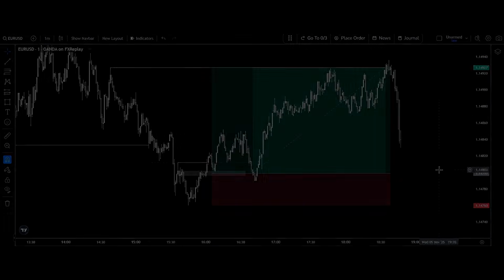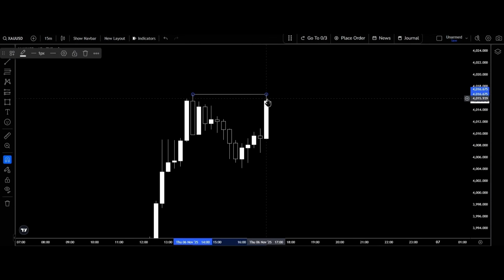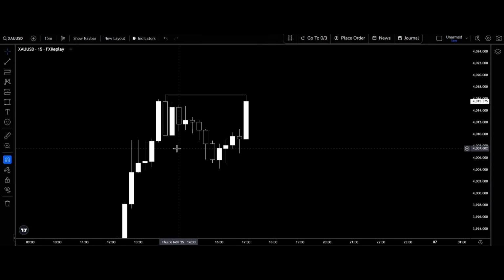Now on to the final example. We have a buy-side liquidity sweep, so we'll move to the 1-minute time frame and wait for a market structure shift.